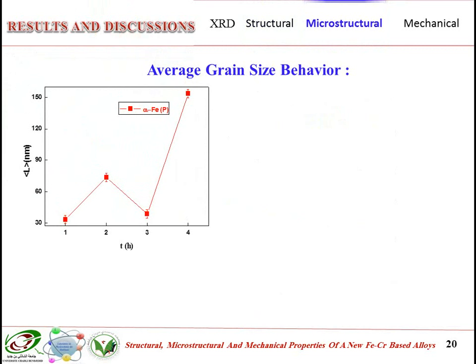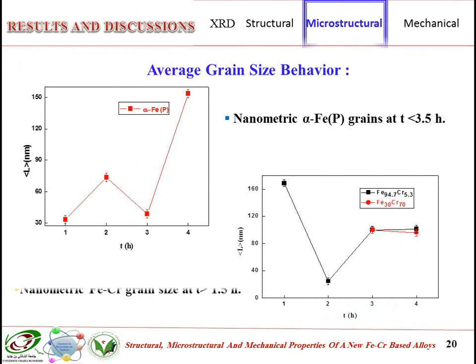The evolution of the average grain size as a function of milling time shows the formation of nanometric grains for the solid solution alpha iron P at T less than 3.5 hours, and at T up to 1.5 hours for the iron chromium binary phases.